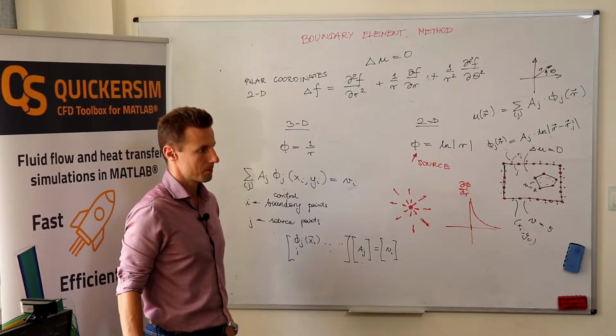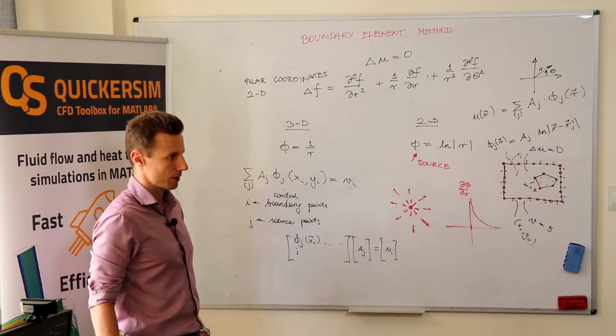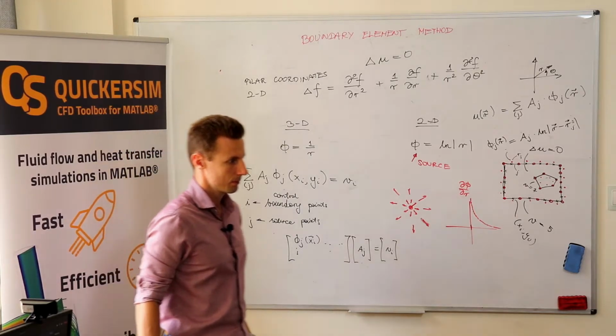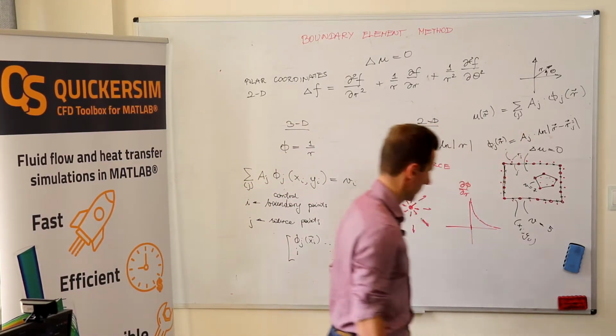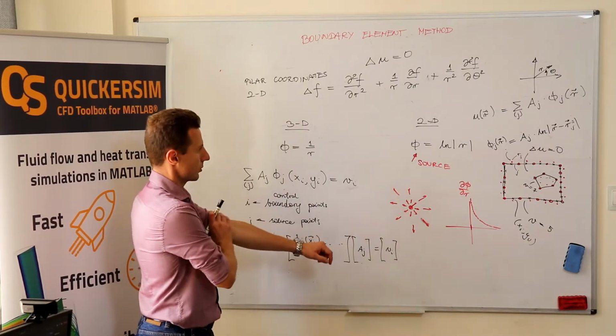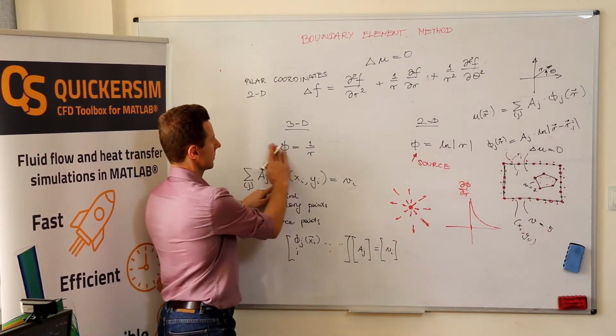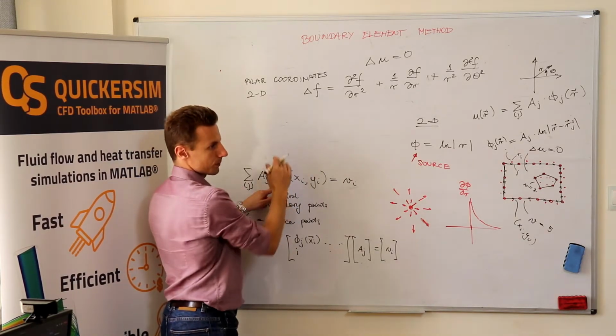What about different boundary conditions? Like, for example, Neumann, or Robin? With Neumann, actually no problem. What you need to do to implement Neumann, you probably already see.